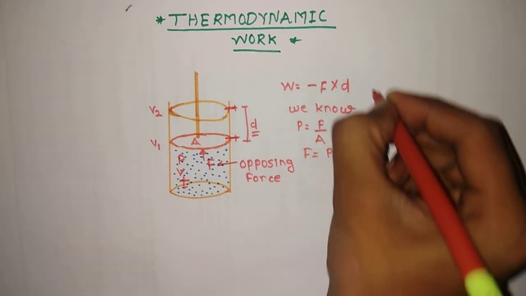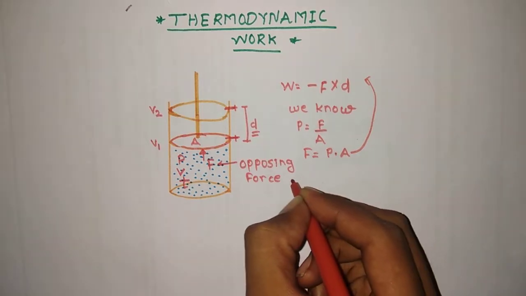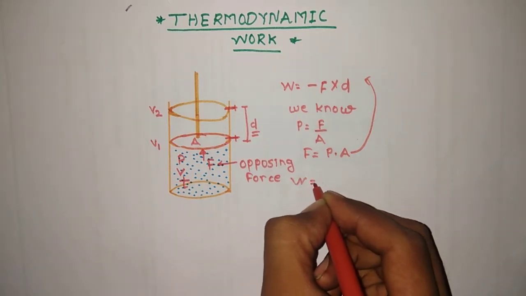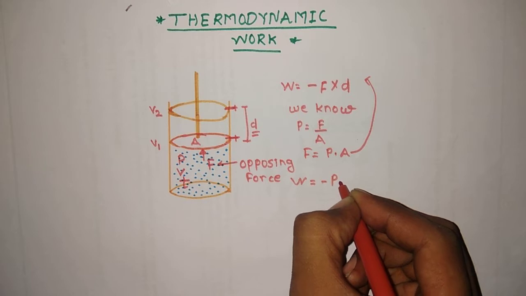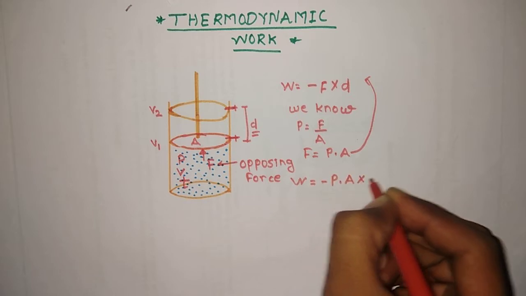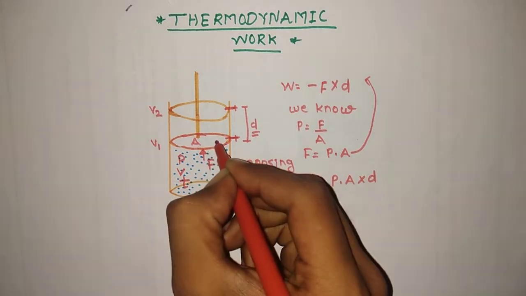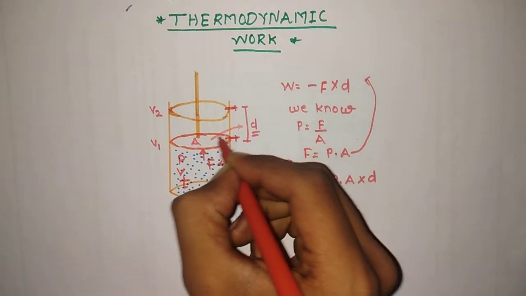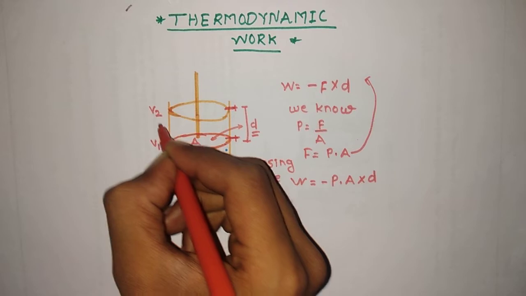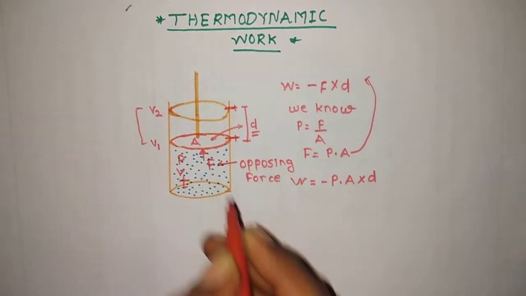Putting this value in the above equation, we get W equals minus P into A into d. But here you can see that area into displacement is nothing but the change in volume.